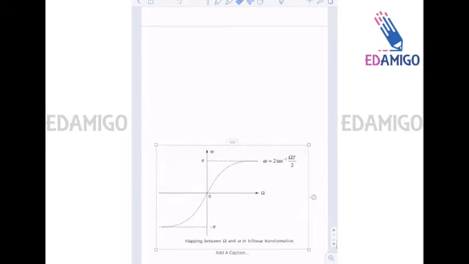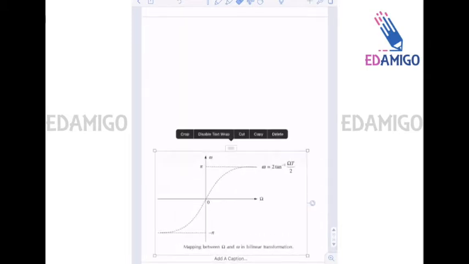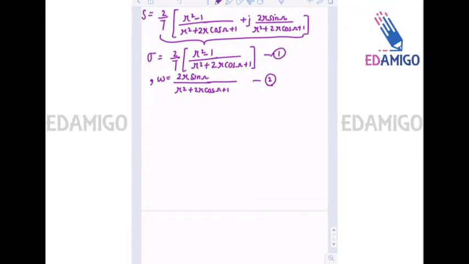Okay, now we can see that from equation number 1, whenever R is less than 1, then the real part of s will be less than 0.